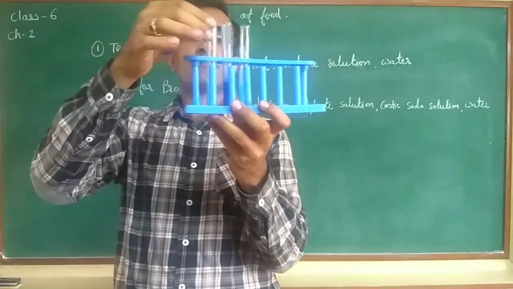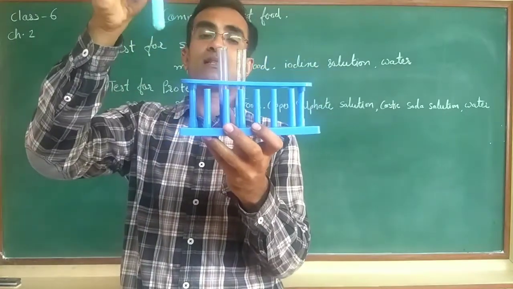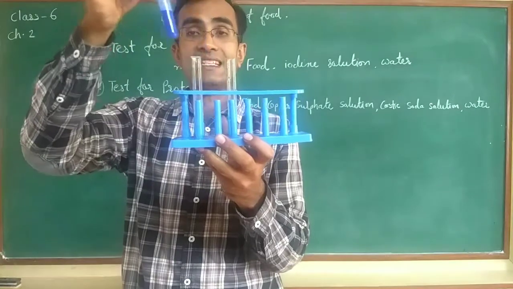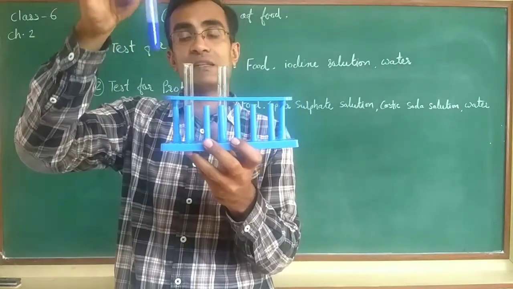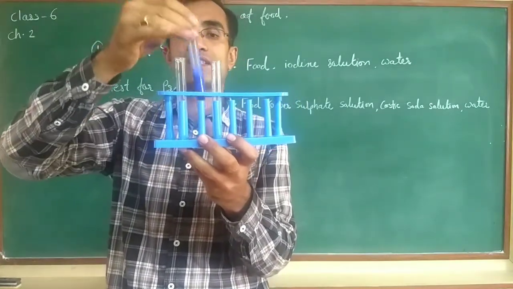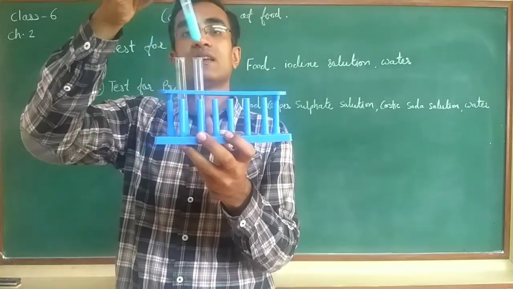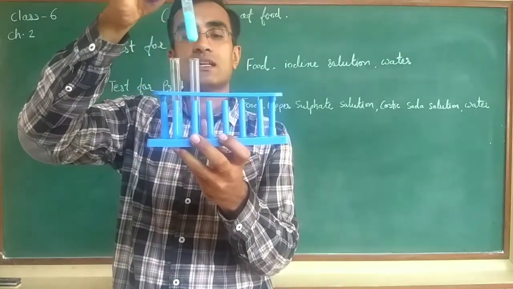In the rice flour which we have taken, there is no color change in the first sample. In the second sample, in which we have taken the chickpea flour, the color has changed to purple or violet, and the third one is the control.